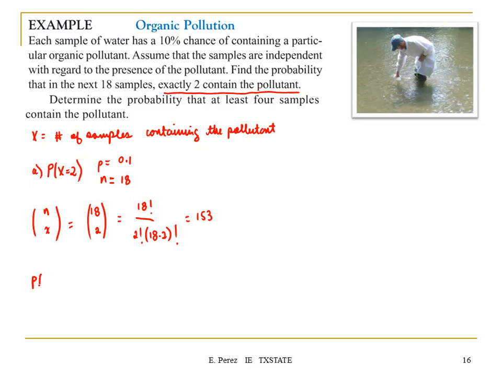So the probability of X being equal to 2 is going to be equal to 153 times P to the power of X times 1 minus P to the power of N minus X. If we substitute the values here, it's 153 times 0.1 to the power of 2 times 1 minus 0.1 to the power of 16. That is equal to 0.284.